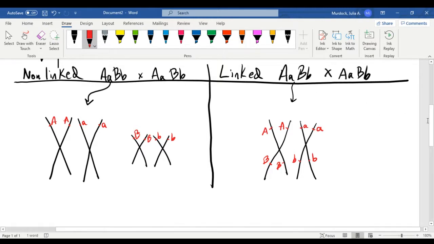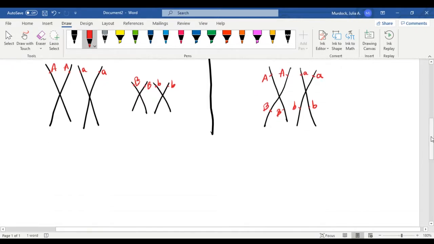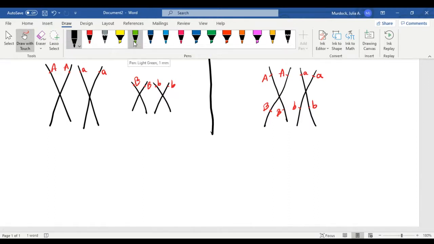Therefore, when meiosis comes along, remember the left side is non-linked. These guys can independently assort. You can change the position of those chromosomes across the metaphase plate during prophase 1, and that's going to result in, remember this picture?